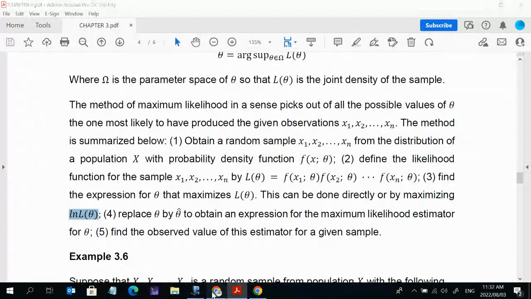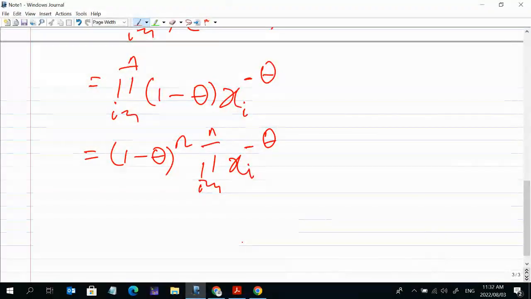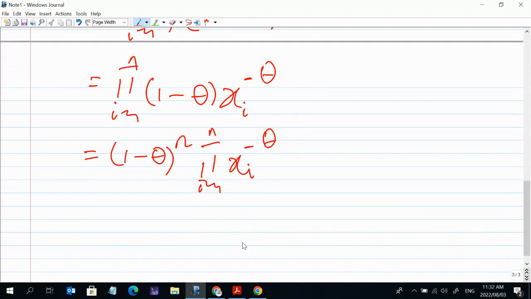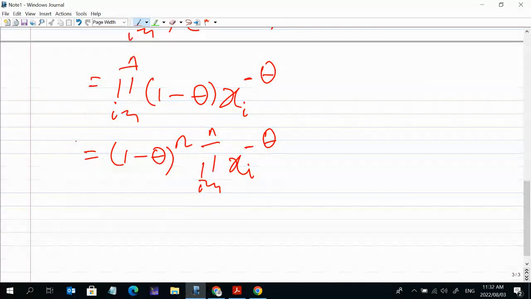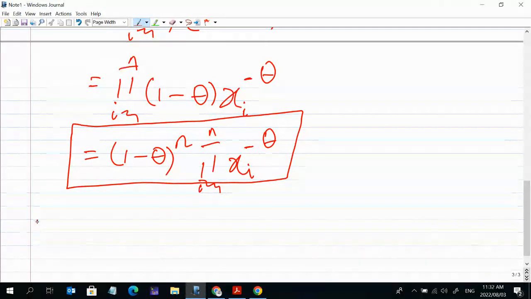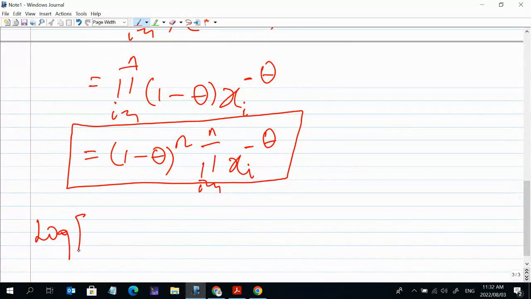So we are at that stage now. We can differentiate this directly, or we take the log and differentiate the log. If you are good with differentiation, you can differentiate from this point, or you take the natural logarithm of the likelihood function.